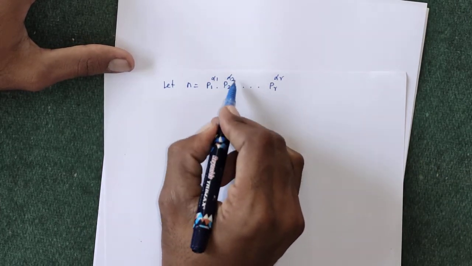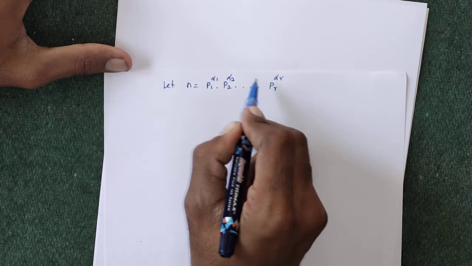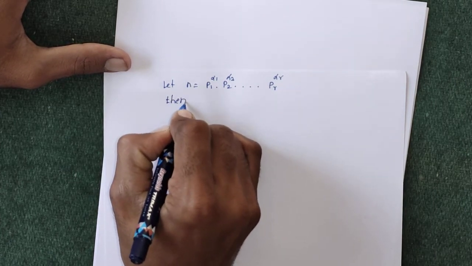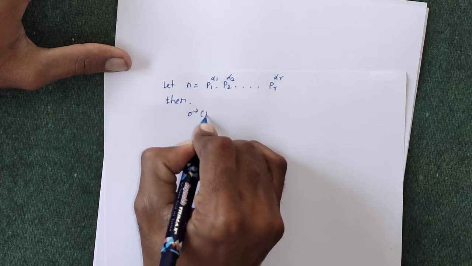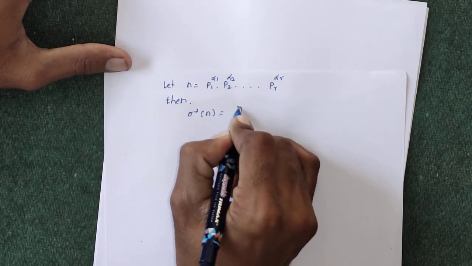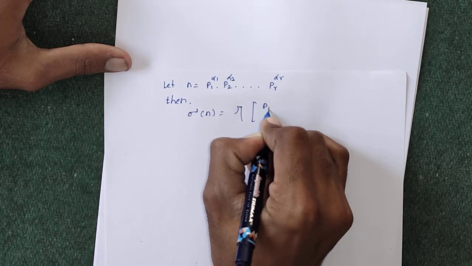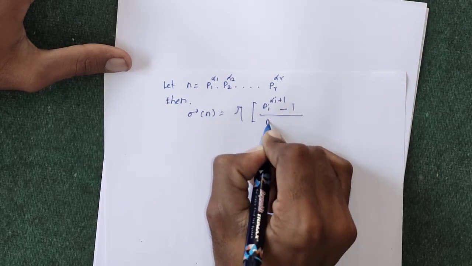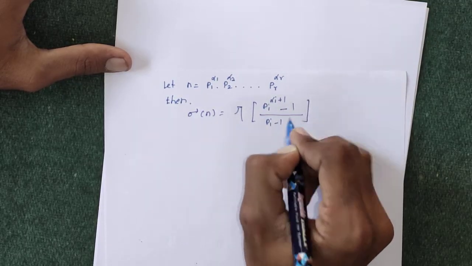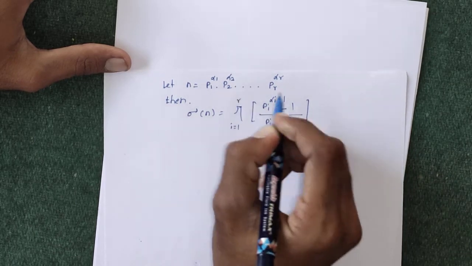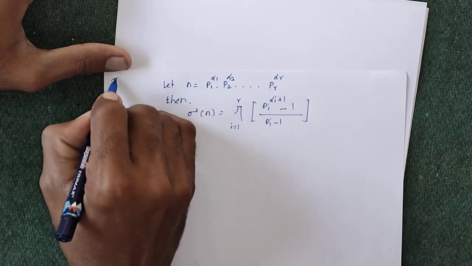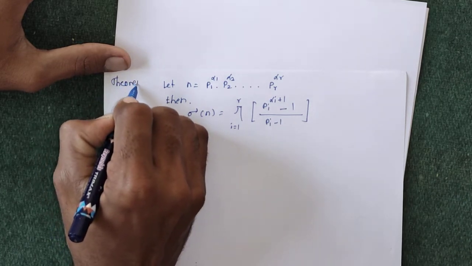This is just the canonical form of n. Then sigma of n is equal to the product of (pi raised to alpha i plus 1 minus 1) upon (pi minus 1), with i running from 1 to r. This theorem can be asked in this form, right?